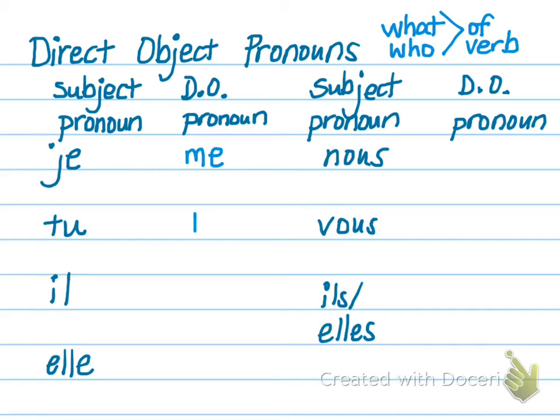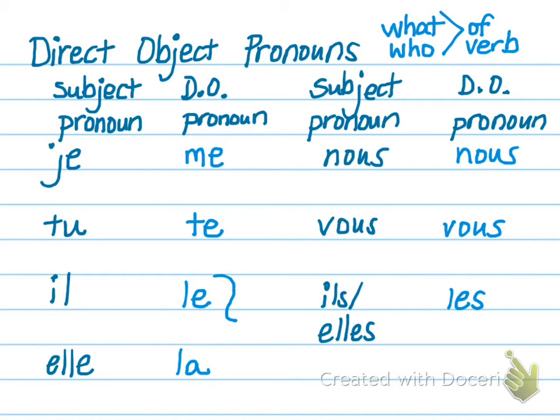For tu, it's te. For il, it's le. For elle, it's la. For nous, it's nous. For vous, it's vous. And for ils and elles, it's les. And both of these become L apostrophe before a vowel or a silent H.